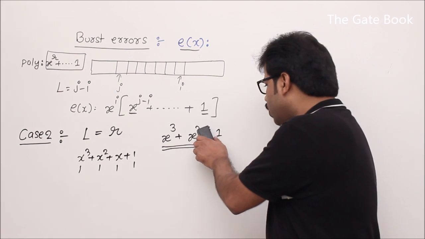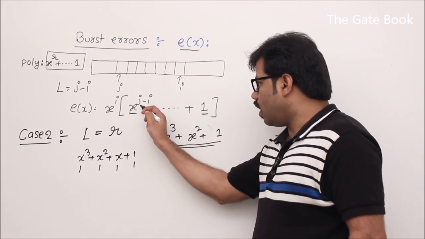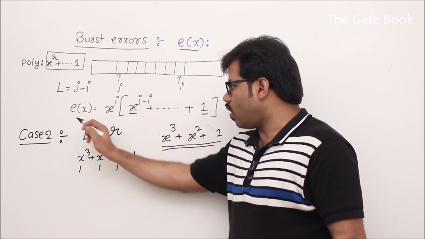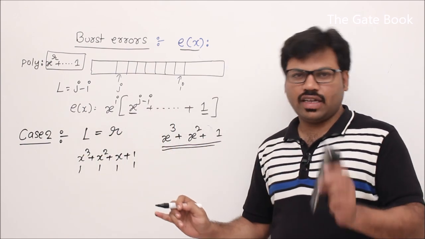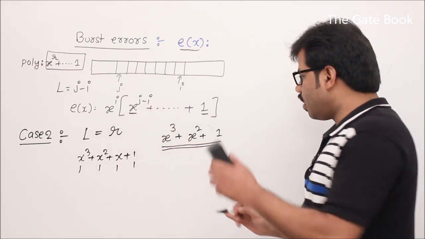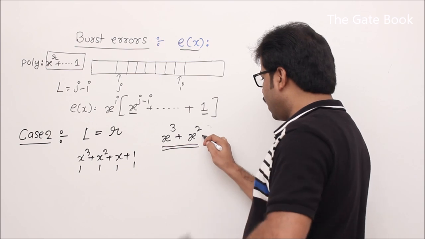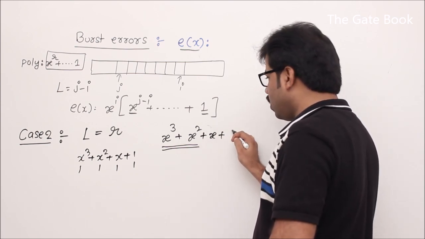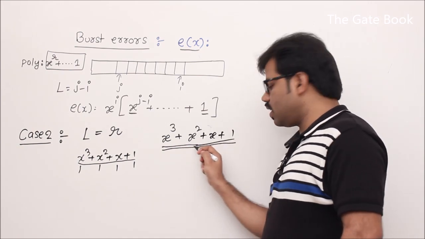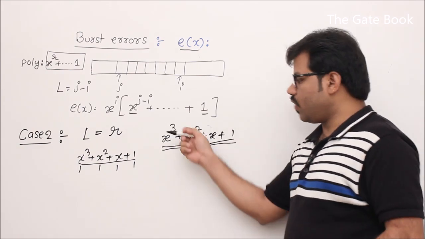So finally what I want to say is, whenever the degree of this error term, j minus i, is exactly equal to R, still there is a very rare chance that your polynomial divides it. For example, if this error term is x cube plus x square plus x plus 1, then both will become the same, right? Yes, only when both become the same does it divide.